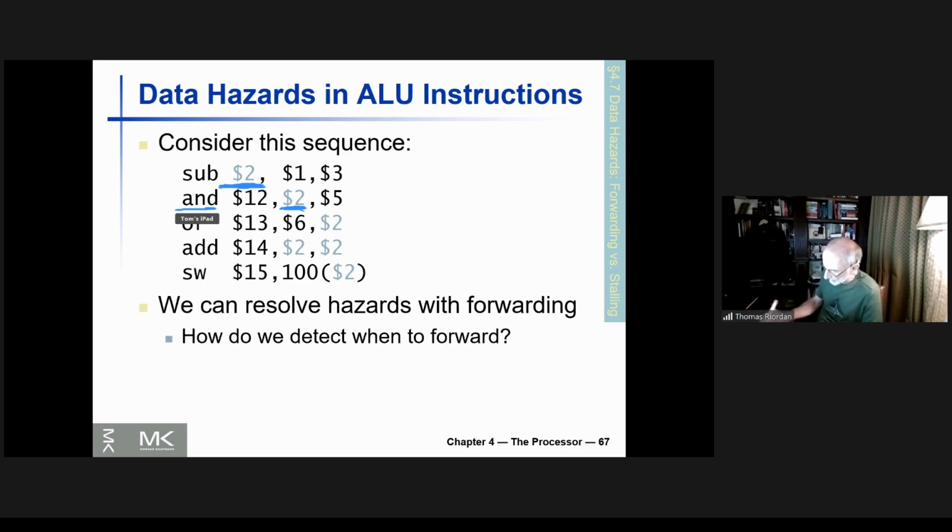We do an AND function with it. And then in the very next instruction, we do an OR with it. Okay, so this sequence of instructions is going to illustrate a lot of things for us. So we'll want to pay close attention.